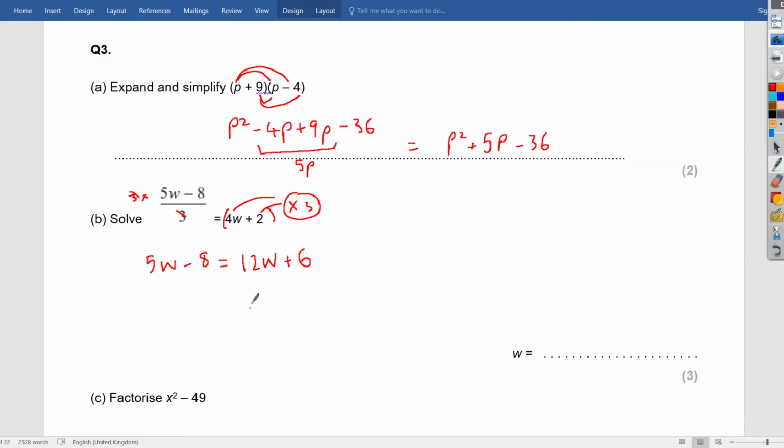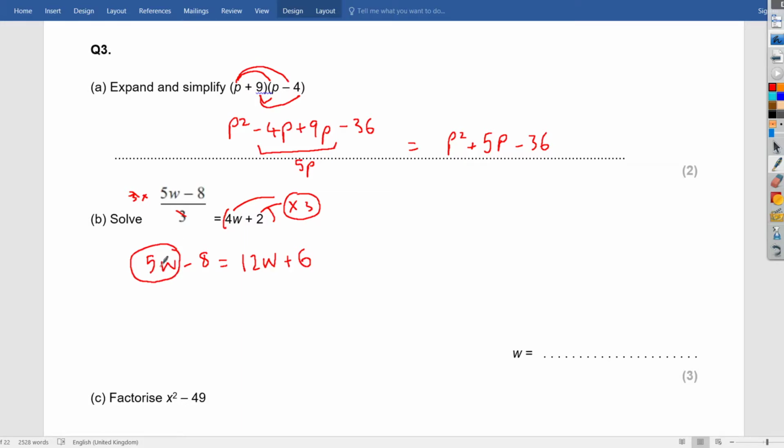Okay, now we need to make a decision where do we leave the w's, which side, and which side we take the numbers on. So the way I do this is I look at the side which has got the most letters on. In this case, it's got 12w on this side, so I'm going to bring all the w's to the right hand side and then take the numbers to the opposite. So this is 5w.